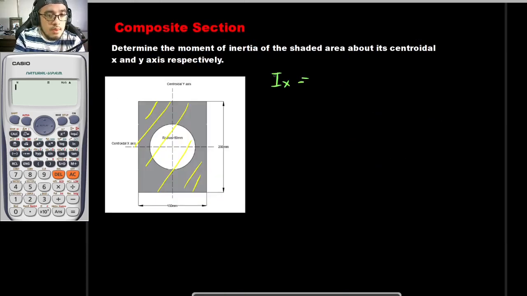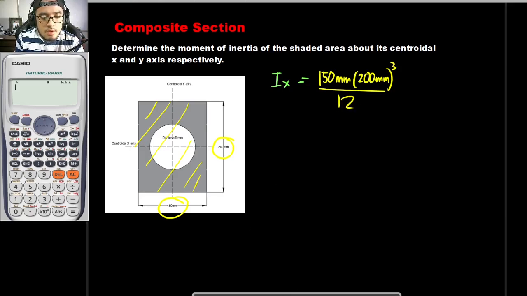So our b is to be 150, our height would be 200 mm. Substituting known values, that is to be 150 mm times 200 mm cubed divided by 12. So that is the moment of inertia of this whole section right here.